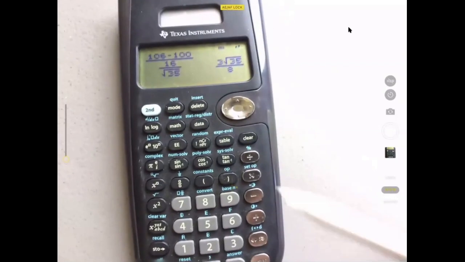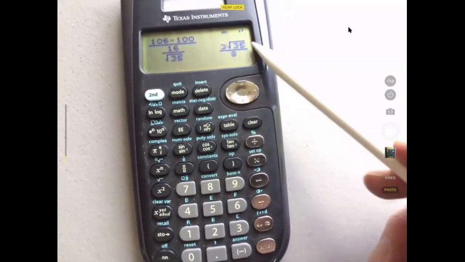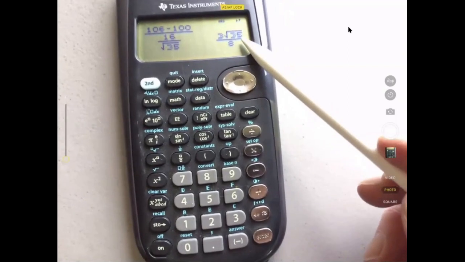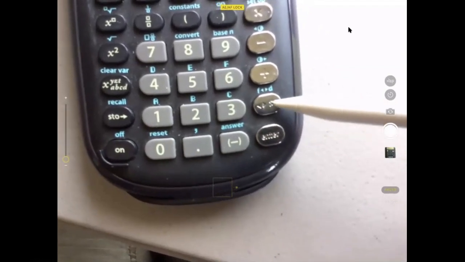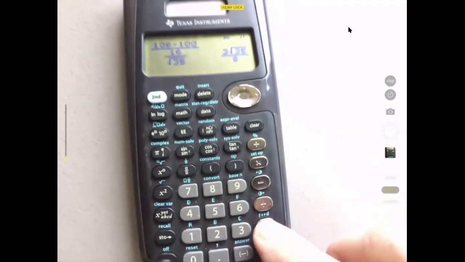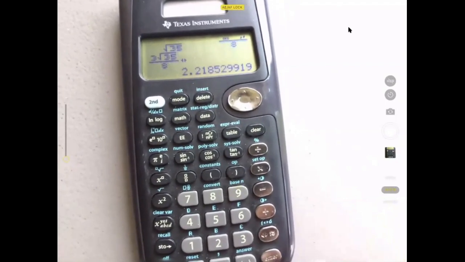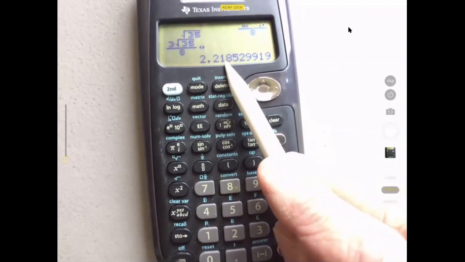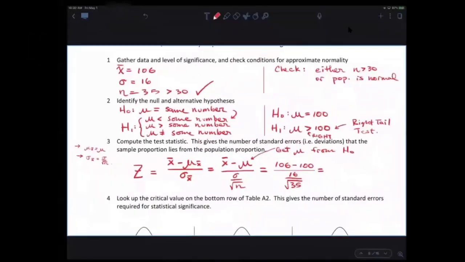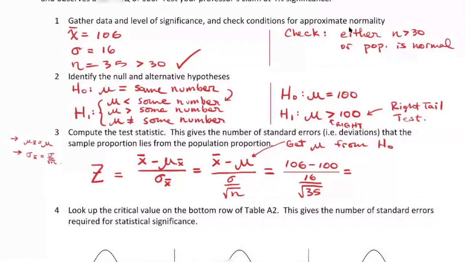So with these calculators, you have to hit the approximate equal key, which is right above the enter key. Make sure you tap the approximate equal if it does that. And so you get 2.22. Any questions?